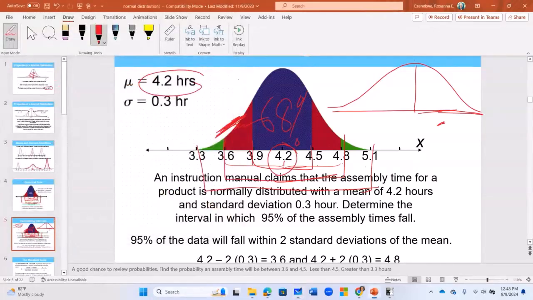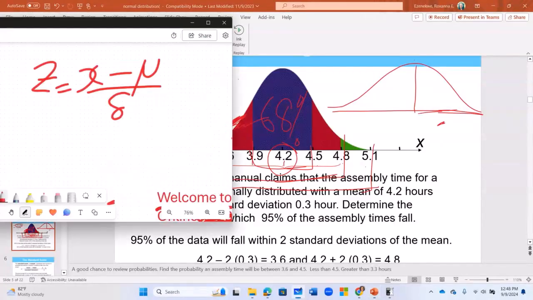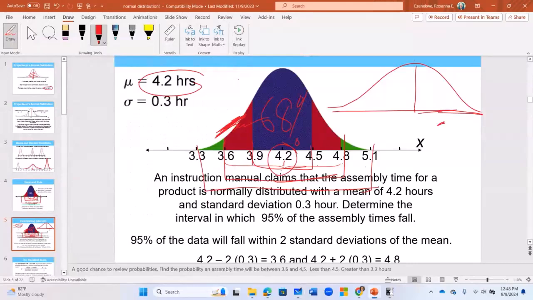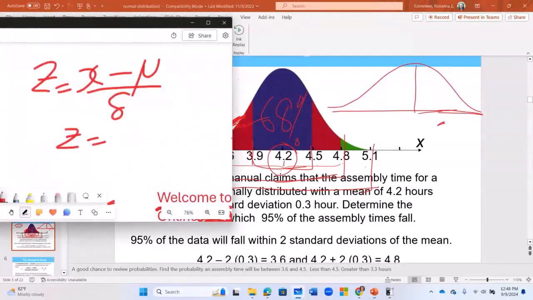Even if they didn't give it to me, the mean is always at the line of symmetry. So I know the mean already. So I'm finding the z-score of the mean, which means the mean is the value. 4.2 minus 4.2, divided by the standard deviation, which is 0.3. Okay, 4.2 minus 4.2 is 0.